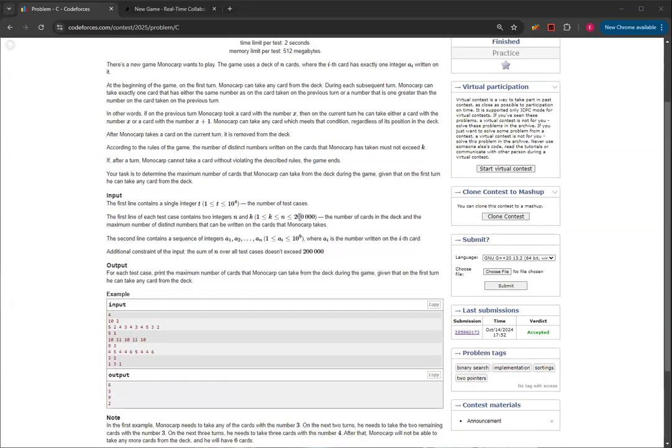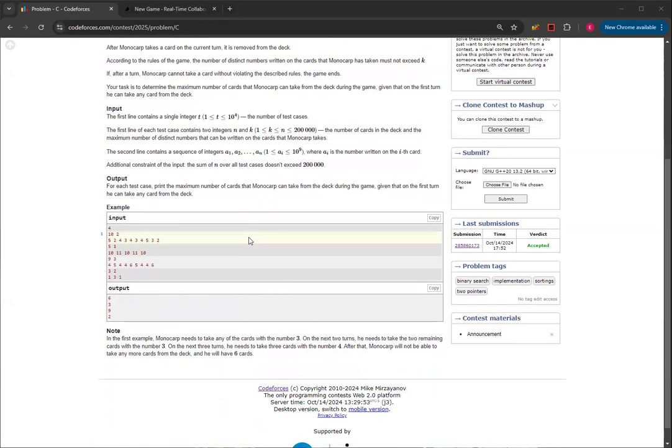And notice that n is less than or equal to 200,000, which means that O(n squared) will not work. So it's always good to look at time complexity in these cases. For the first example, you cannot have more than two distinct values. Using the sorting hint, it's 2, 2, 3, 3, 3, 4, 4, 4, and then 5, 5.